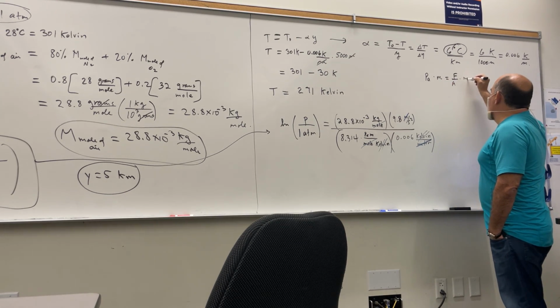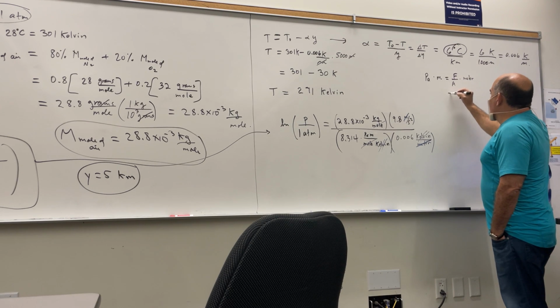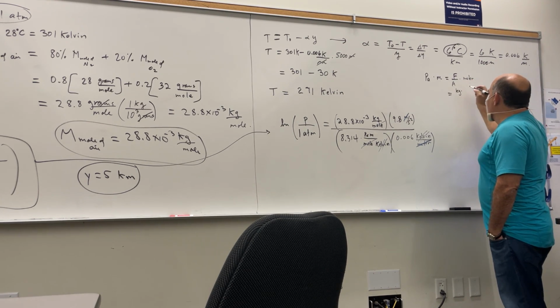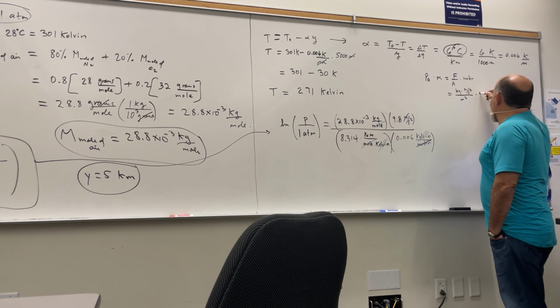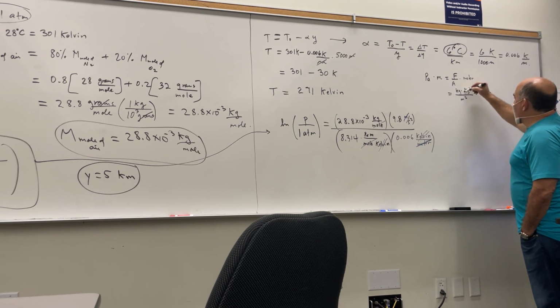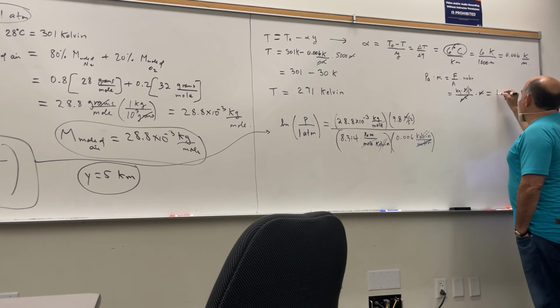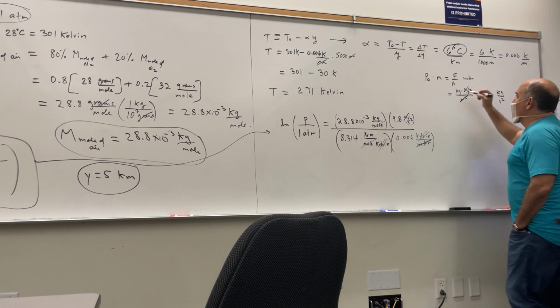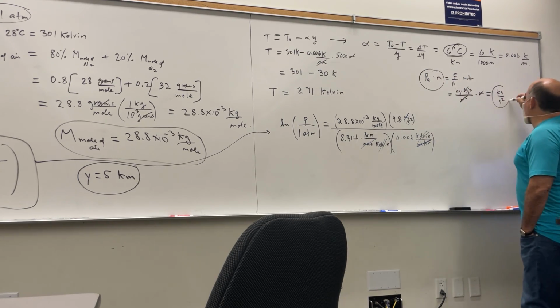Now a force is ma. It's kilograms times the acceleration, which is meter per second squared. Area is meter squared, and I have meters over here. So this meter times this meter squared cancels this, and I have kilograms per second squared.